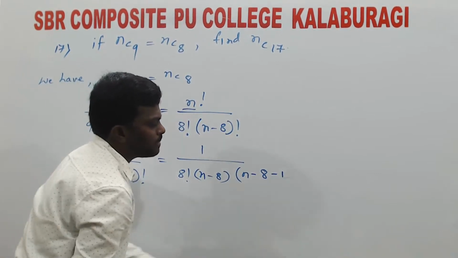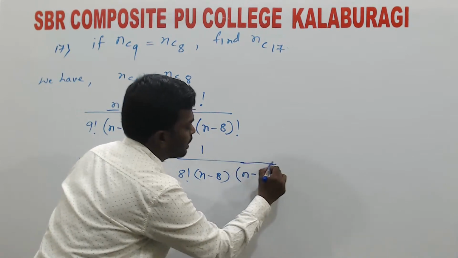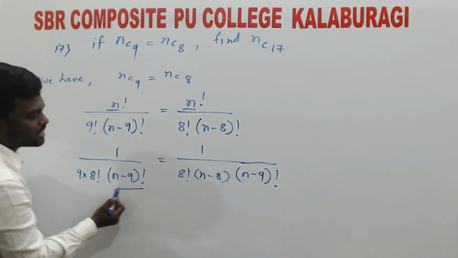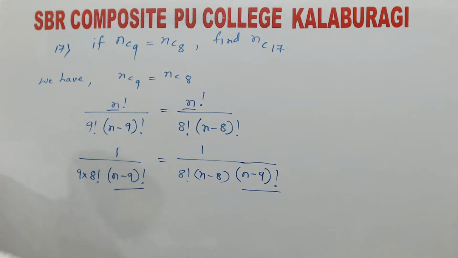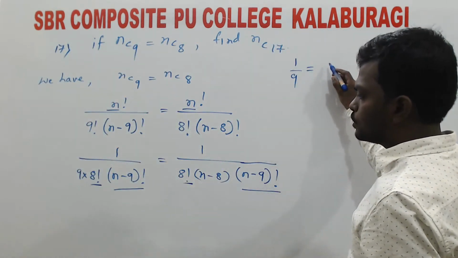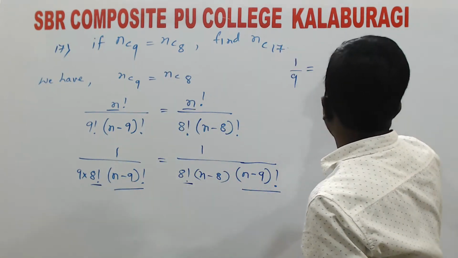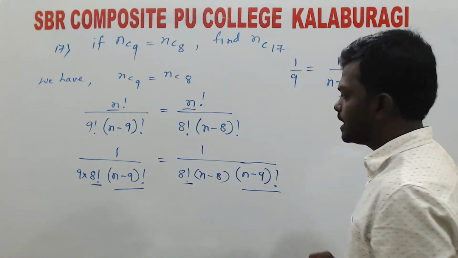What is minus 8 minus 1? Minus 9. So (n minus 9) factorial. I'll stop here because we have like terms on both sides. Now those two get cancelled, right, students? And 8 factorial also gets cancelled. So 1 by 9 is equal to 1 by (n minus 8).